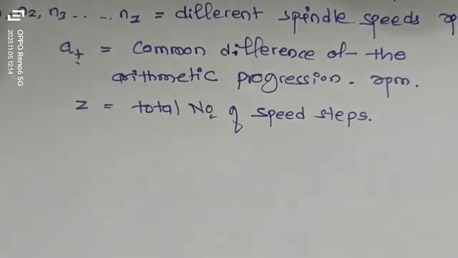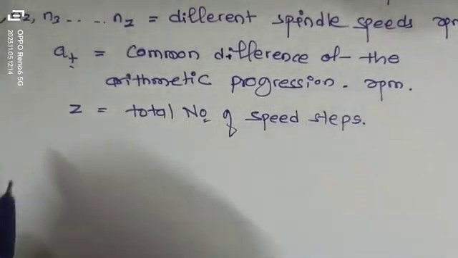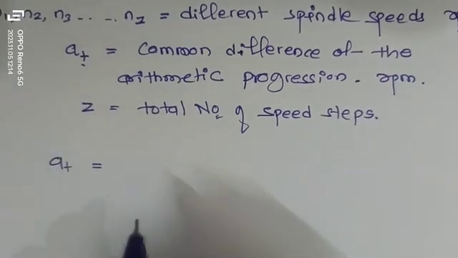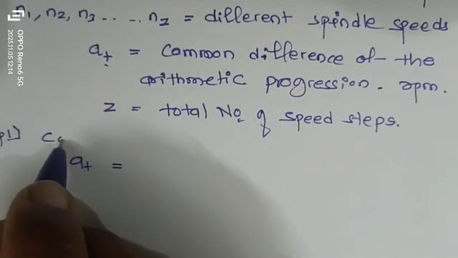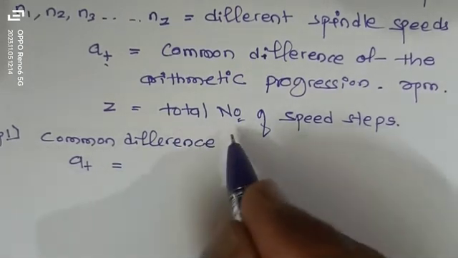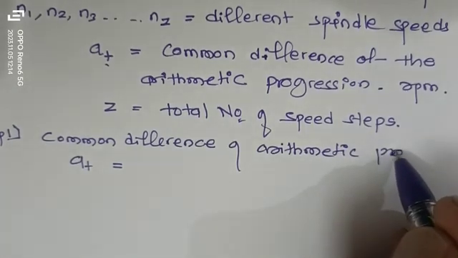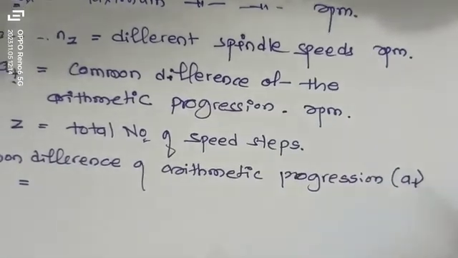Now we'll see how we calculate the common difference of the arithmetic progression. Step 1: the common difference of the arithmetic progression, which we denote by AT.